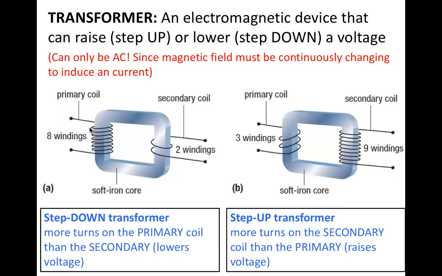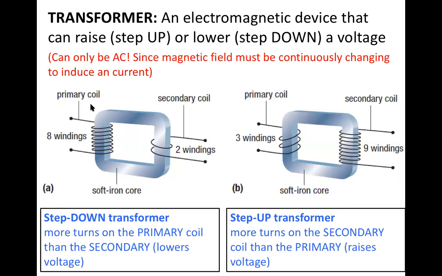So like I was saying, if you want a higher voltage on the second one, it's called a step up transformer. And if you want a lower voltage on the secondary coil, then it's called a step down. So if we go from a high number of coil loops, or turns, or windings, to a low number, that's called a step down transformer.